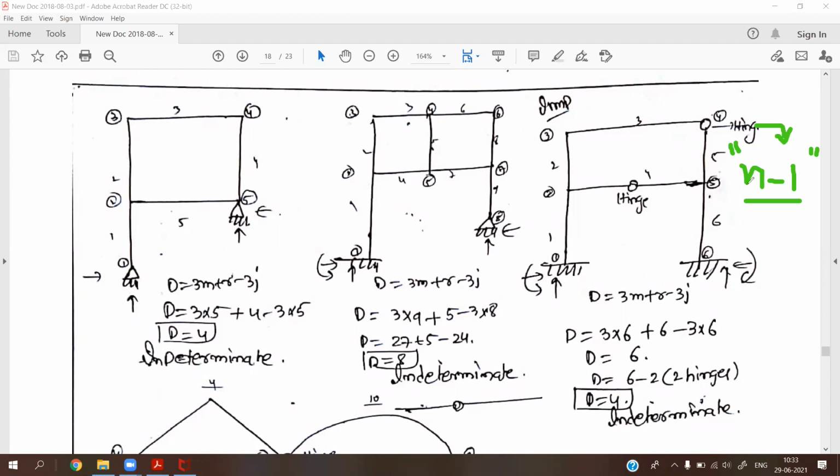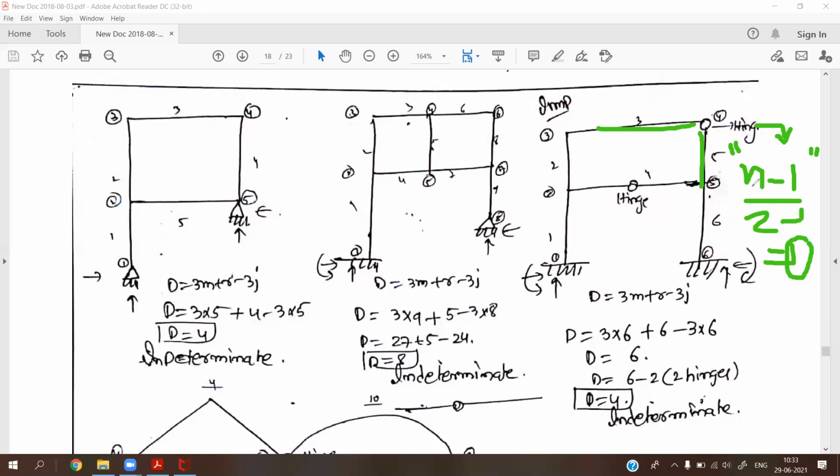For example, this hinge has two members connecting at it. So we have 2 minus 1, therefore one additional equilibrium equation for this frame. Remember this one: for hinges we have additional equations that we can add to the frame.